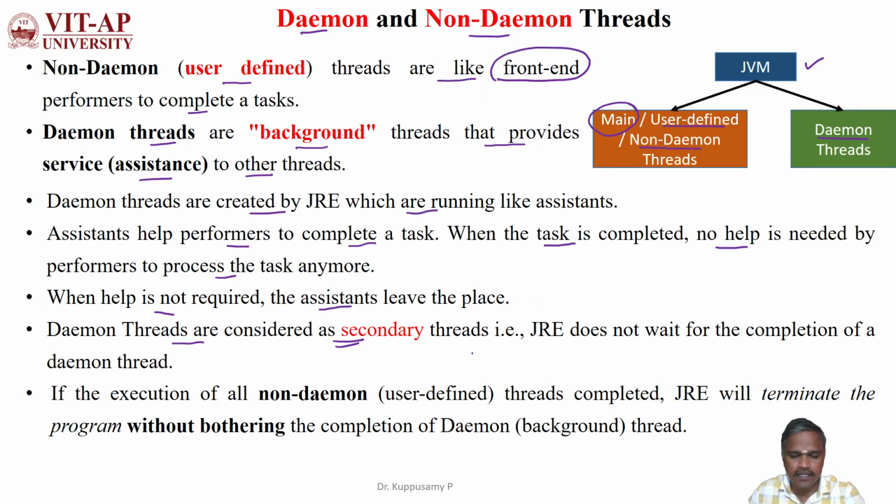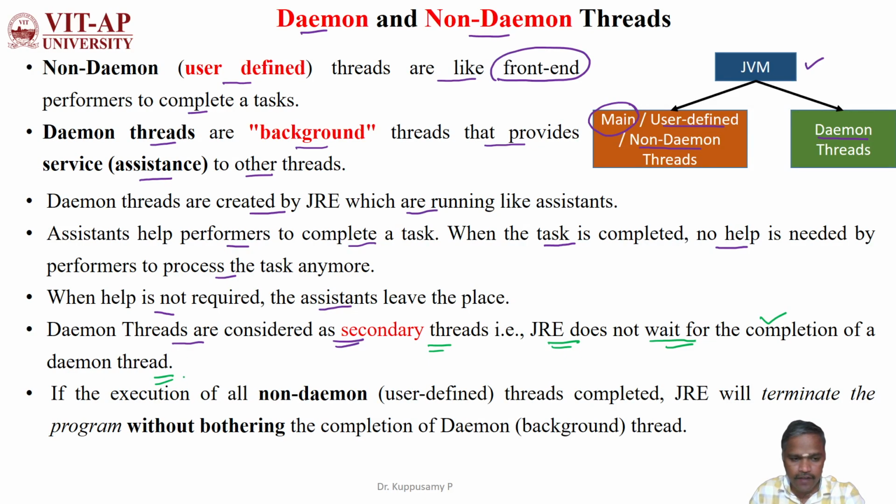Once the task is completed, the assistant threads, that means daemon threads, will be terminated automatically. That means the secondary threads will be terminated by the Java runtime environment without considering the completion of the daemon threads' job.